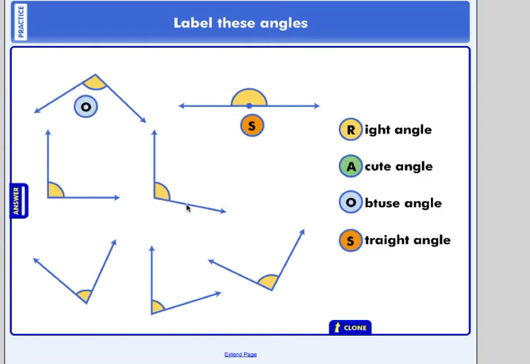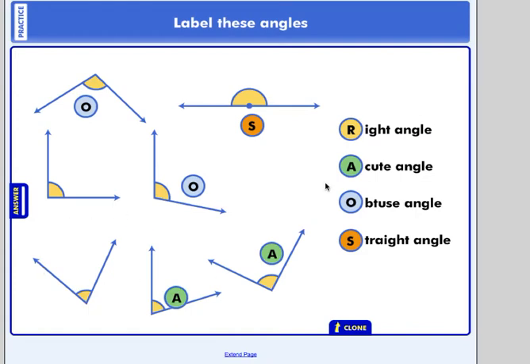It's really hard to do these without a protractor. I think this one is just a bit more as well, so let's call that one obtuse. This angle here looks like it's just a bit less than 90, so let's call that one acute. This one here is pretty obvious to me that it's not as big as 90, so I'm going to label this one acute, and this one too.